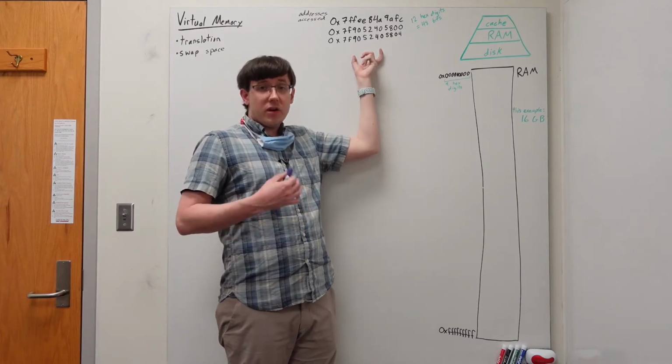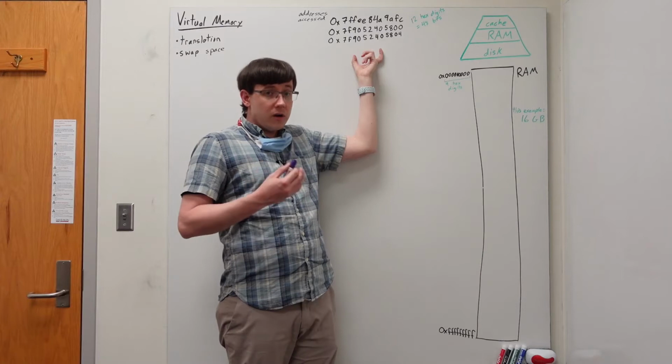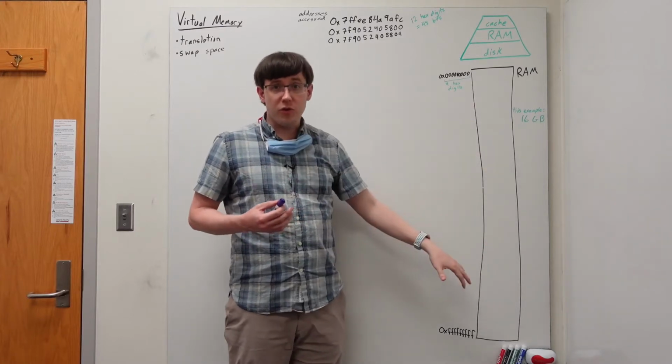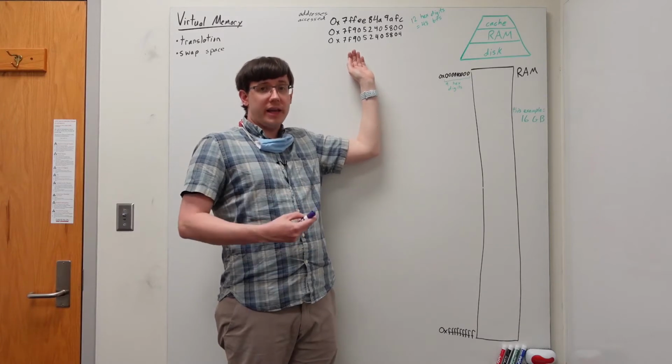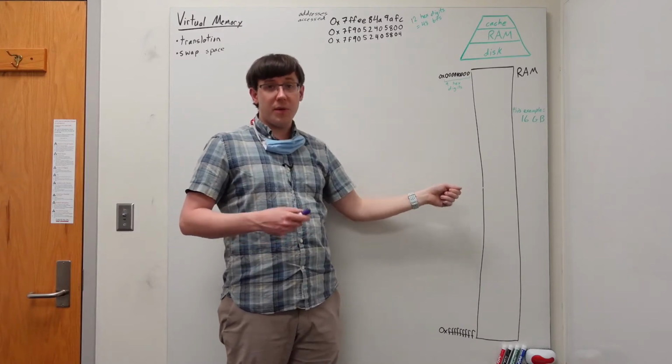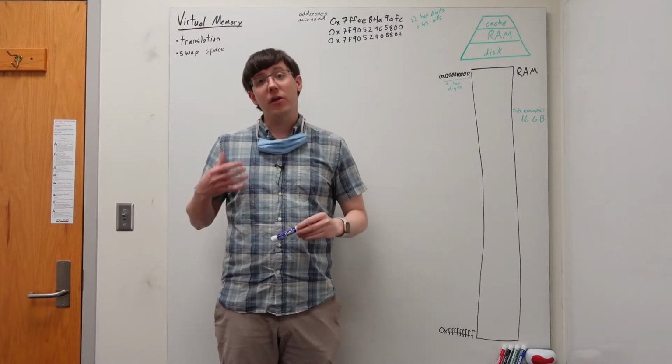So in fact, these addresses that my program is accessing aren't actually indices into the RAM. Rather, they are virtual addresses that get translated into locations in memory by joint effort of the operating system and the hardware.